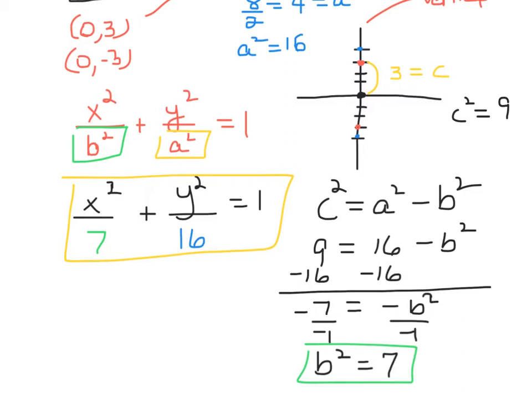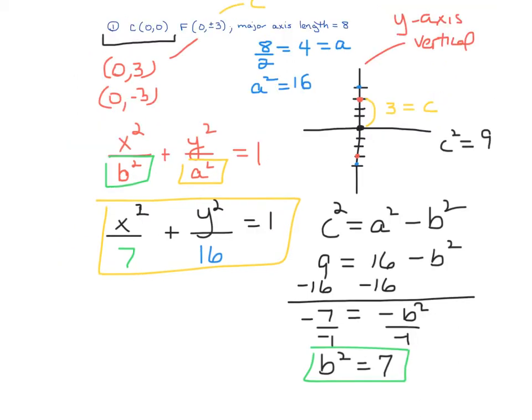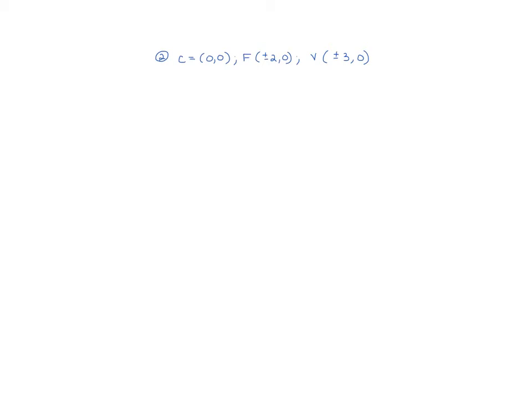So the C is going to come from the focus. It's equidistant from any point, so it's equidistant from that center. So you could use the center point. Again, we still have our center at the origin. So we really don't need to draw a picture.